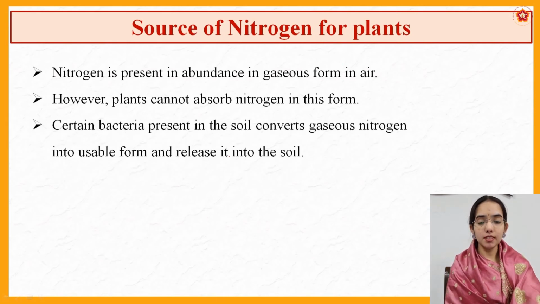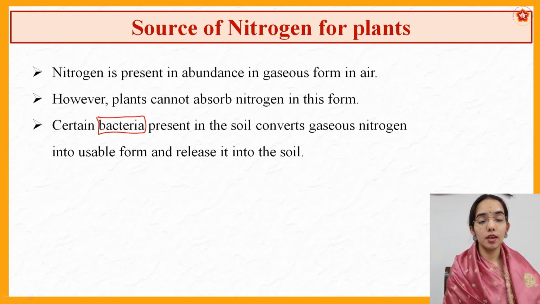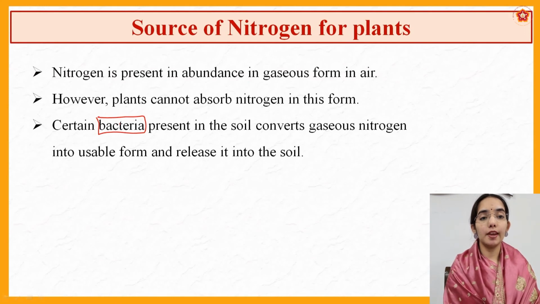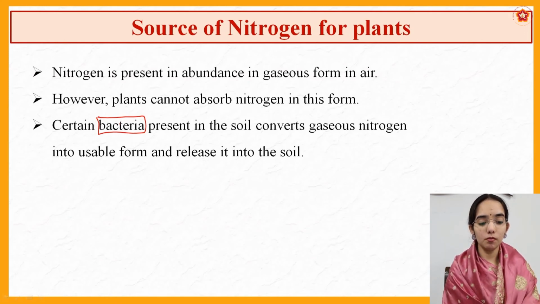So what happens is, certain bacteria present in the soil convert gaseous nitrogen into usable form and release it into the soil. So what is happening here? Bacteria is converting the atmospheric nitrogen, the nitrogen which is in abundance in the atmosphere, into a form which plants can absorb.